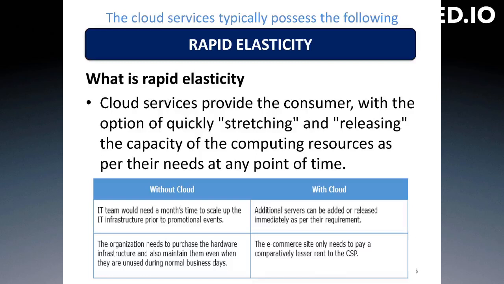So let us take the case without cloud and with cloud. For example, an IT team would need a month's time to scale up IT infrastructure prior to promotional events. In that case, the organization needs to purchase the hardware infrastructure and also maintain it even when it is unused during normal business days.